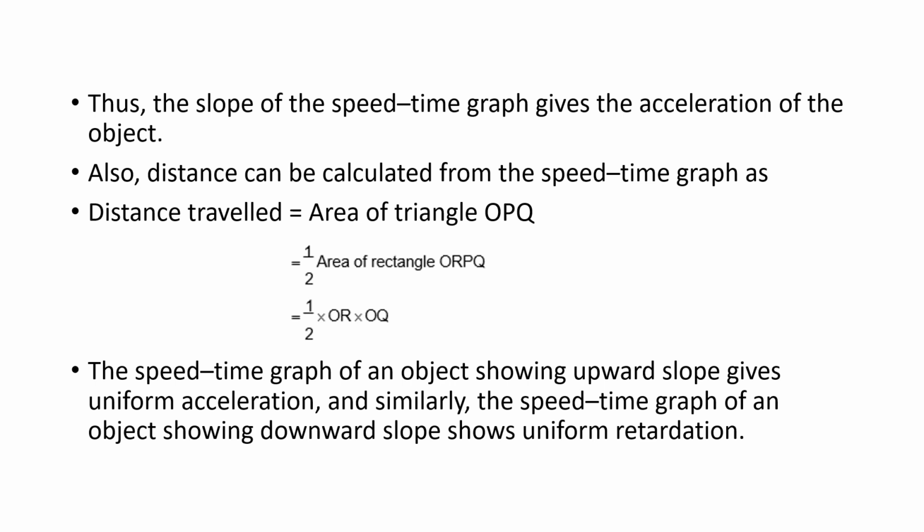The speed time graph of an object showing an upward slope gives uniform acceleration, and similarly the speed time graph of an object showing a downward slope shows uniform retardation. So we can calculate acceleration and distance traveled from the speed time graph for uniform motion. Also, we can calculate acceleration and magnitude of displacement similarly by the velocity time graph for uniform motion.